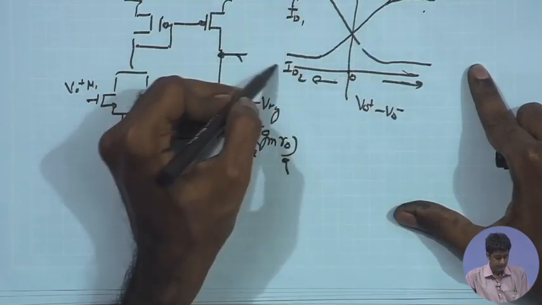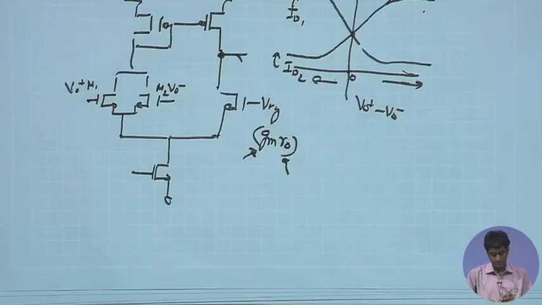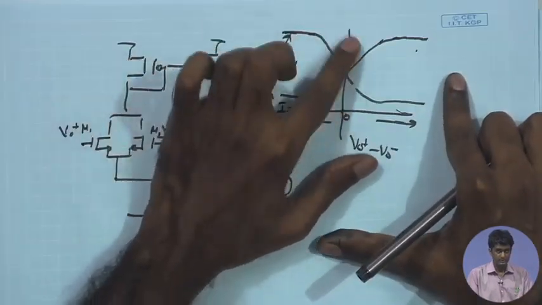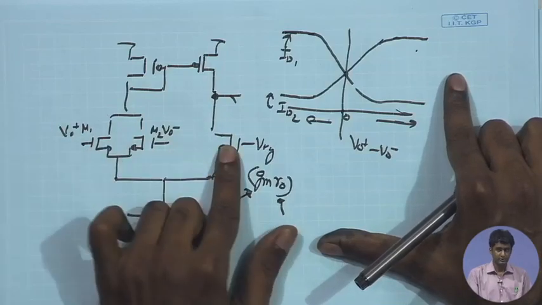So this is your ID1 curve and this is your ID2 curve, and the slope in this transition region is determined by the small signal transconductance of these two devices, which is also related to the transconductance here.